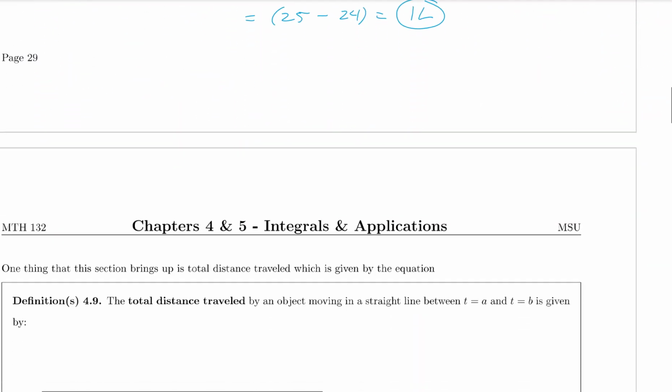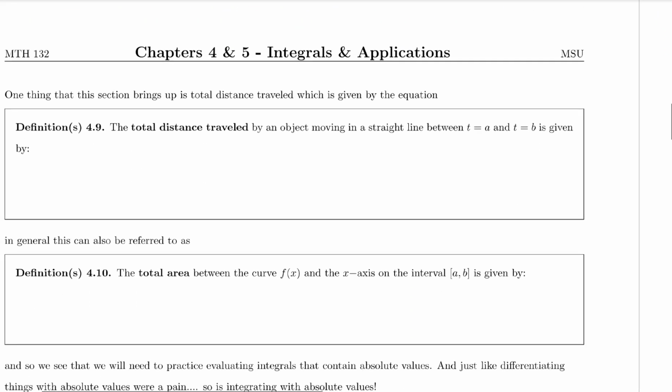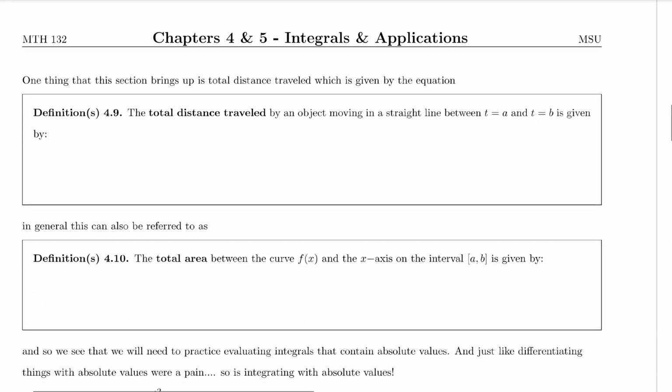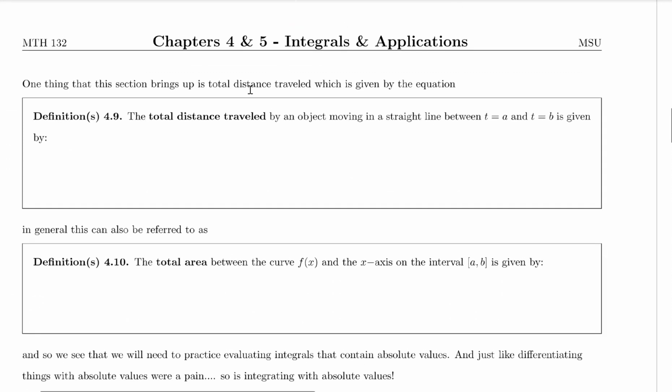All right, let's take a look at the next example here. So on the next page of the notes, we are going to figure out how to calculate the total distance traveled by an object moving in a straight line between time A and time B. And this is a little bit different than the total displacement, which we would have found out by just finding the position at time A and the position at time B. To find the total distance, we want to be adding the positive and the negative distance traveled, all as positive numbers.